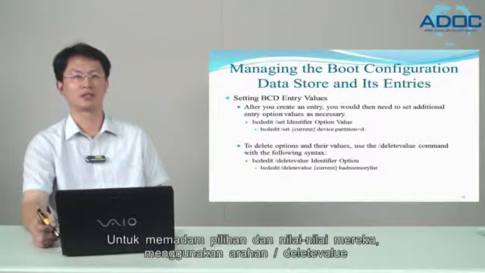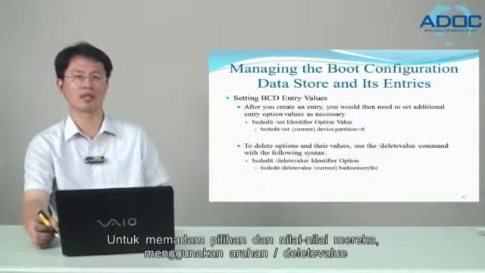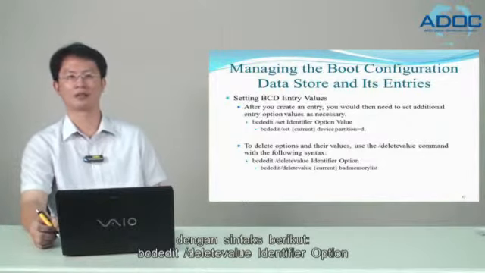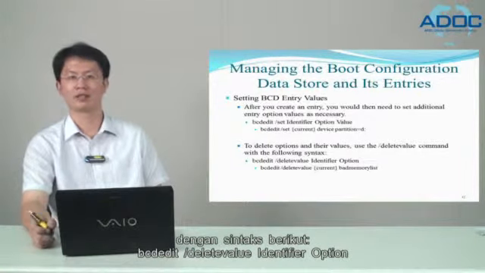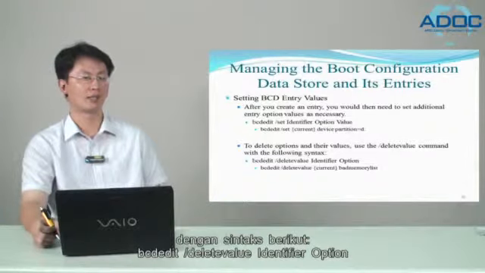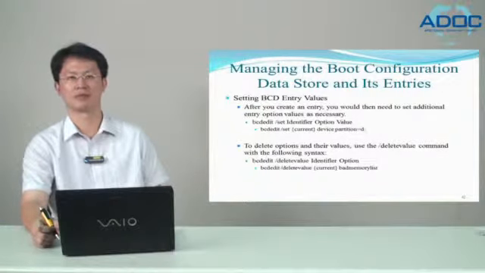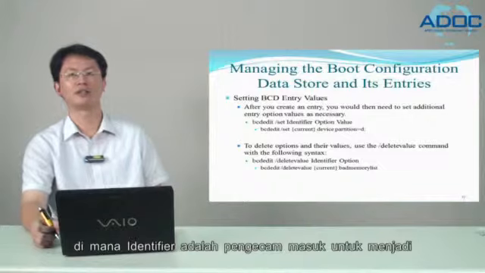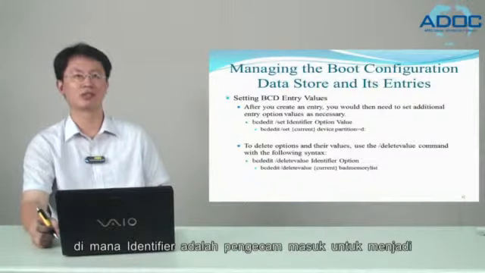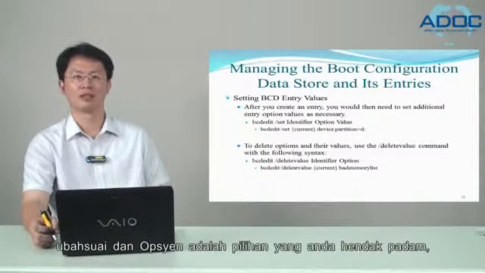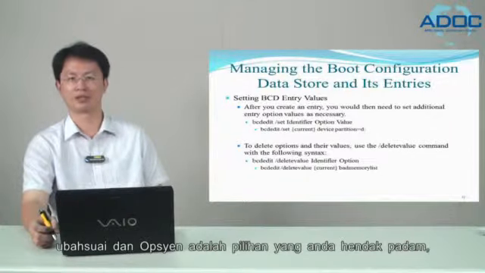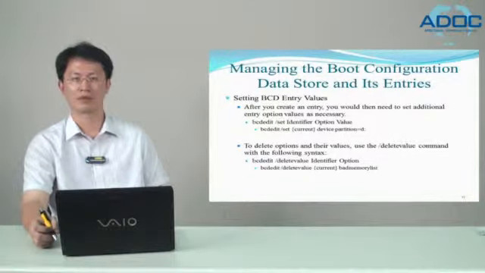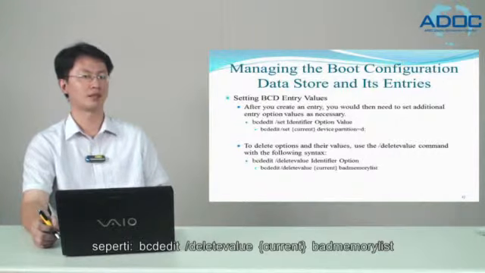To delete options and their values, use the /deletevalue command with the following syntax: bcdedit /deletevalue identifier option, where identifier is the identifier of the entry to be modified, and option is the option you want to delete, such as bcdedit /deletevalue current badmemorylist.